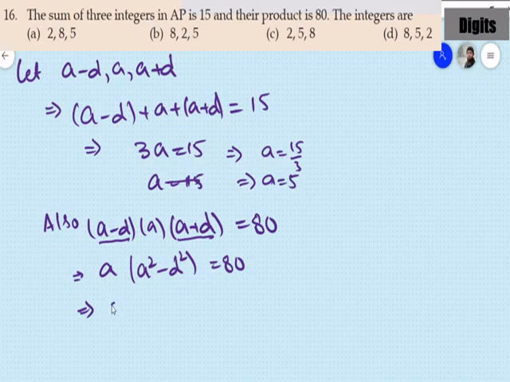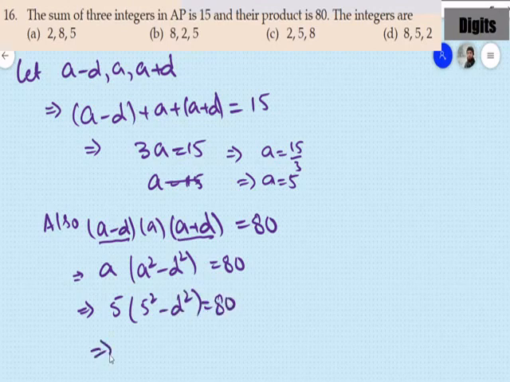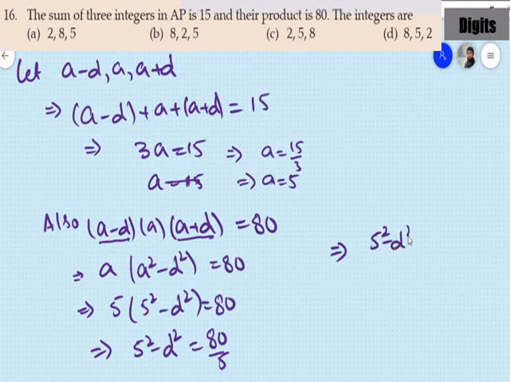So it implies 5 into 5 square minus D square equal to 80. Now we shift this 5 to the right hand side. It implies 5 square minus D square is equal to 80 divided by 5. 80 divided by 5 is 16.